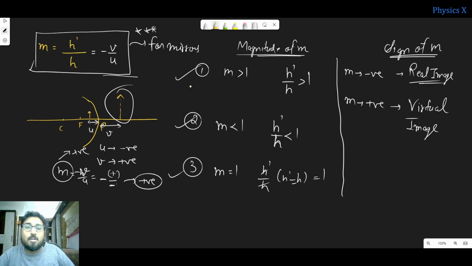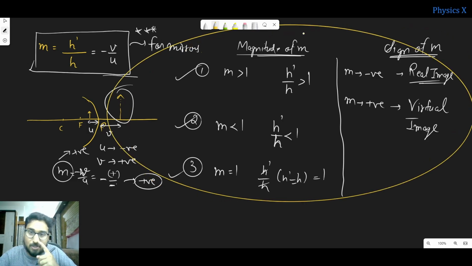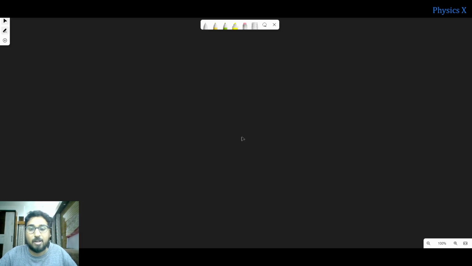So this much is the data which you can take from magnification. You can comment on the size of the image with respect to the size of the object, and by seeing the sign of M, you can determine what nature of image is formed by the reflection. So this is important. Now let me summarize.